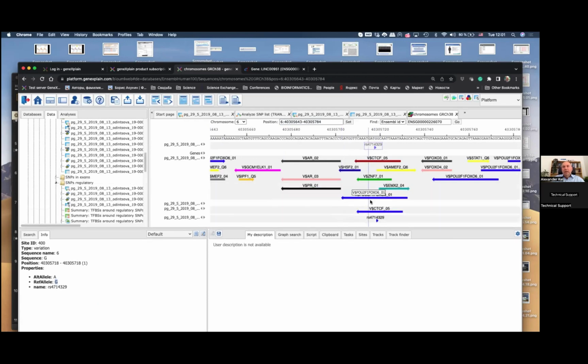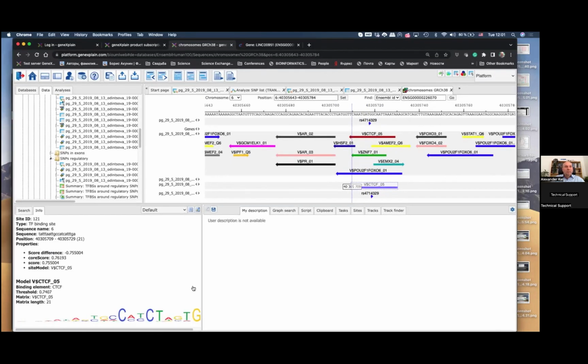If you look at the consensus, you see this site is going in the minus strand from right to left.